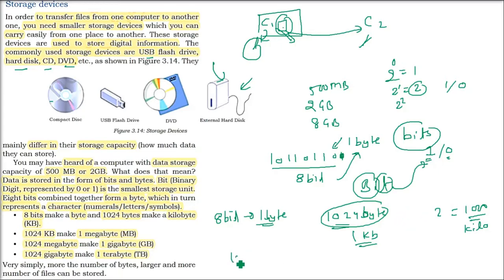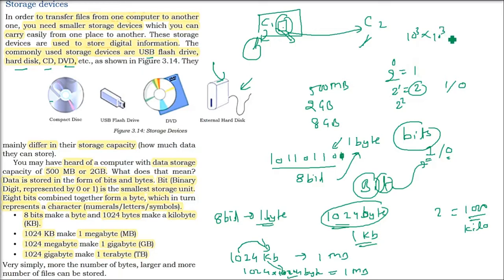In computer memory, everything is 2 to the power. So 1024 bytes is a kilobyte, and 1024 kilobytes is 1 megabyte. Roughly, 1000 bytes is 1 kilobyte and 1000 of 1000 bytes is 1 megabyte. If you multiply by 1000 multiple times, there will be different levels.